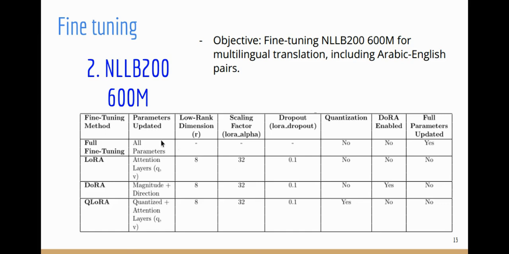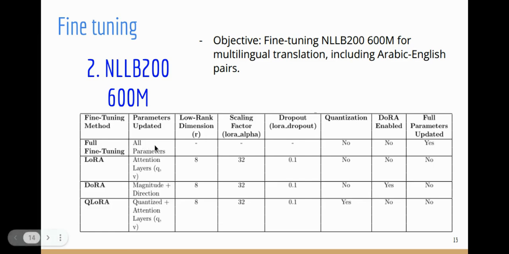In NLLB, on the other hand, we fine-tuned exactly the one with the 600 million parameters, for this multilingual translation. In this table, we see the full fine-tuning, where we updated all parameters of this model.